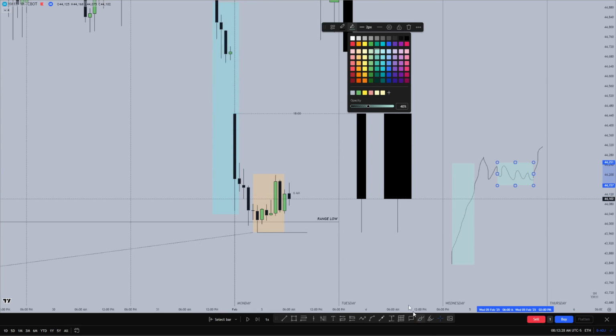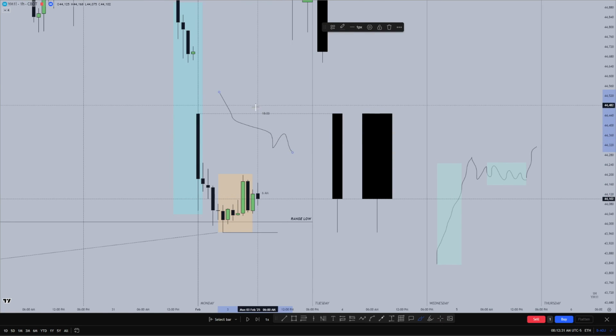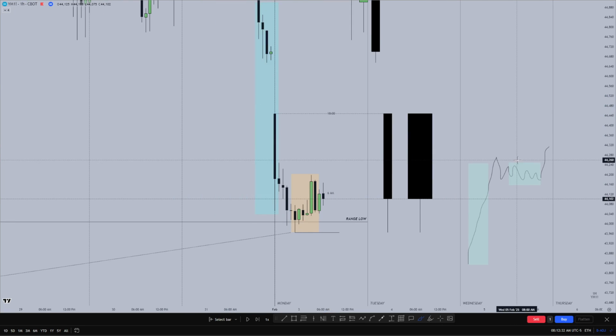If this is the case, or otherwise, an expansion to the consolidation high, if it is going higher, then I want to frame at least one more expansion higher towards the consolidation high first before reversing.